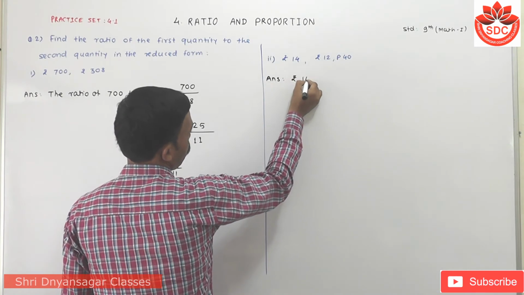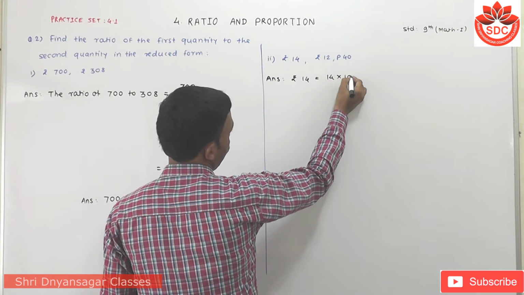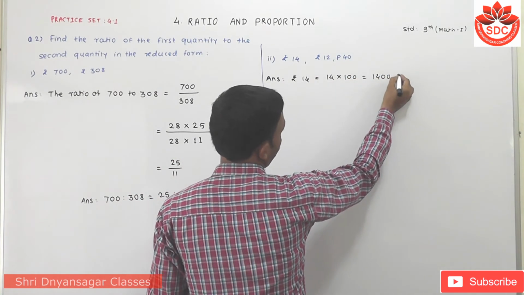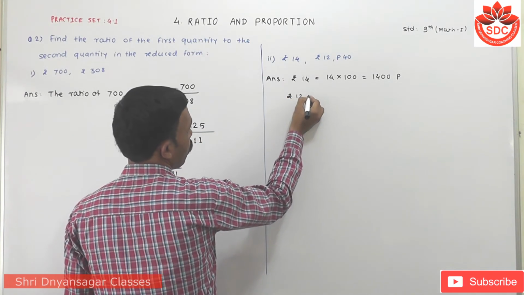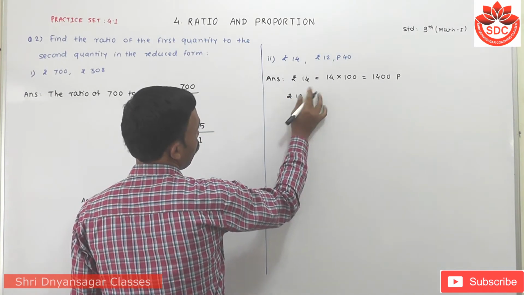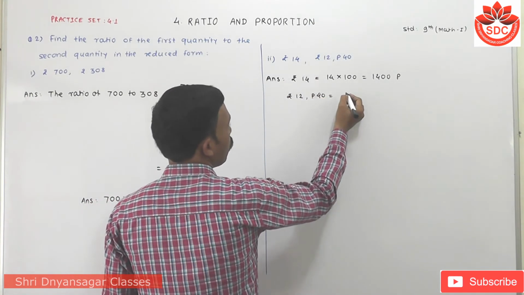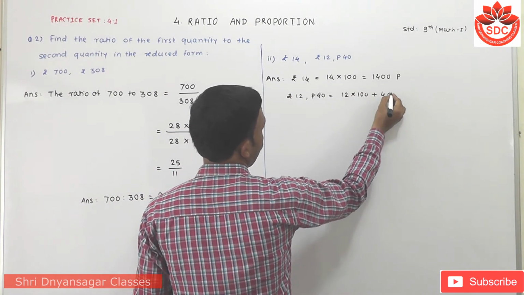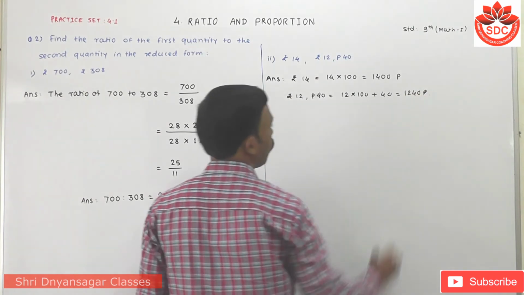14 rupees is equal to 14 into 1 rupee means 100 paise, is equal to 1400 paise. Then 12 rupees 40 paise is equal to 12 into 100 plus this 40, it becomes 1240 paise.